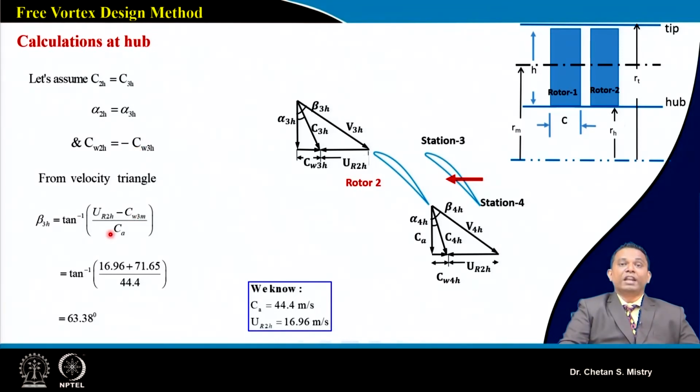When we consider that as a case, we can calculate our beta 3. Here it is U minus CW3, but CW3 is nothing but minus CW2, and that's the reason my beta 3 is coming to be 63.38 degrees. The same logic we discussed for our fundamental design approach also. So do not get confused about why this sign is coming as negative.